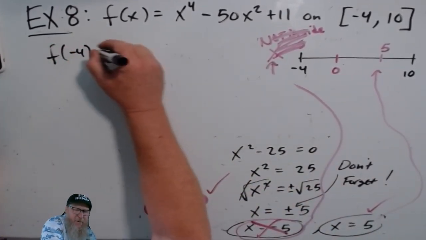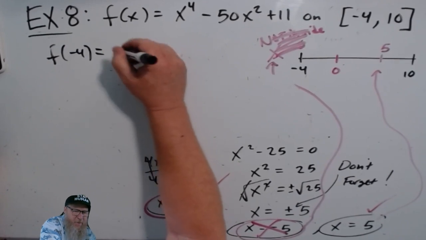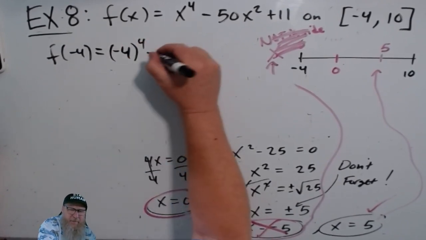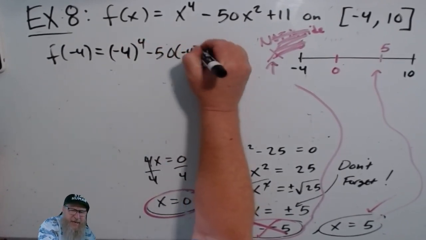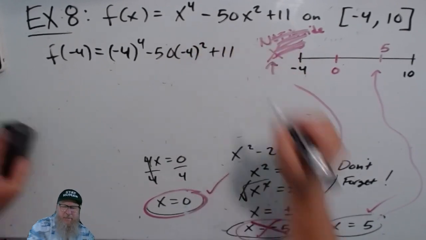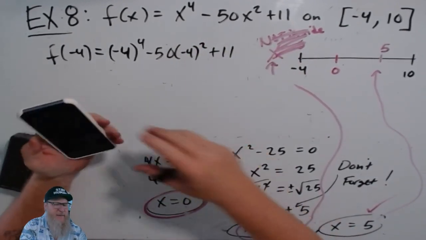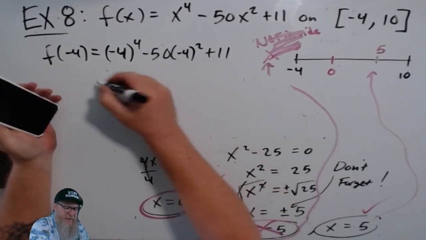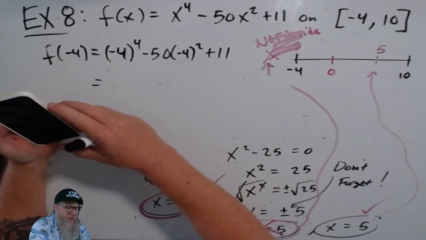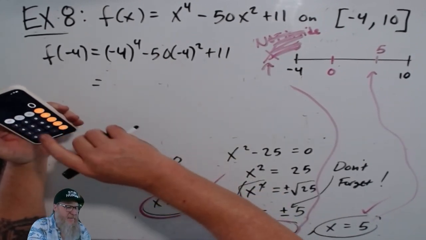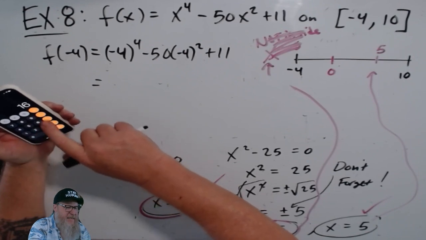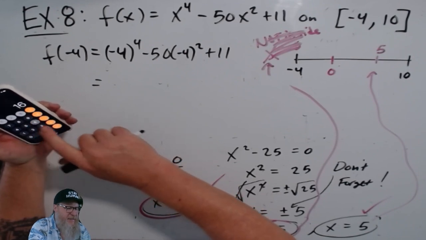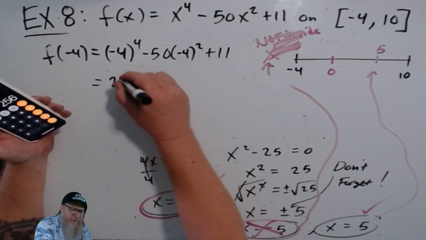F of negative 4. So I've got negative 4 to the 4th minus 50 times negative 4 squared plus 11. Negative 4 to the 4th is the same as 16 times 16, that's 256.